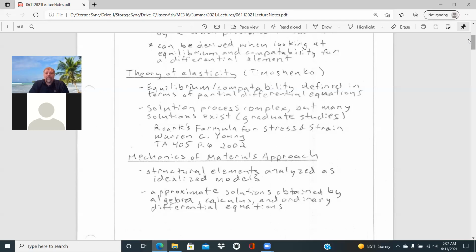But then that approximate solution, that's really obtained by algebra, calculus, and ordinary differential equations as opposed to partial differential equations.